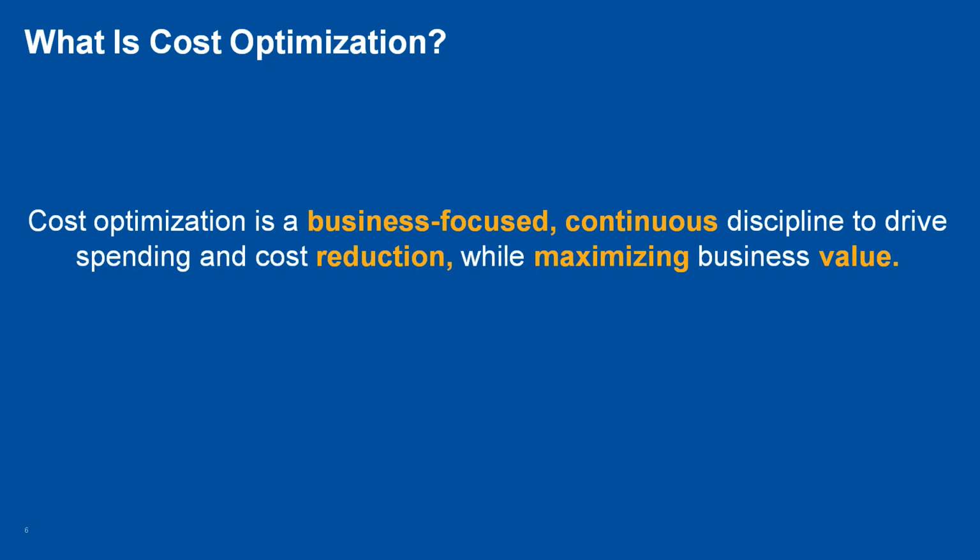When I say reduction, it is really cost reduction while maximizing the business value. I need to maximize it. When I reduce the cost, it should not reduce the business value. It should maximize the business value.